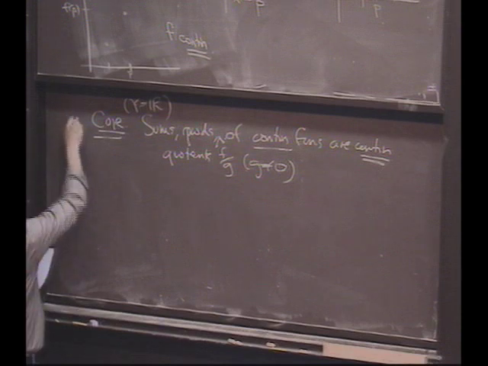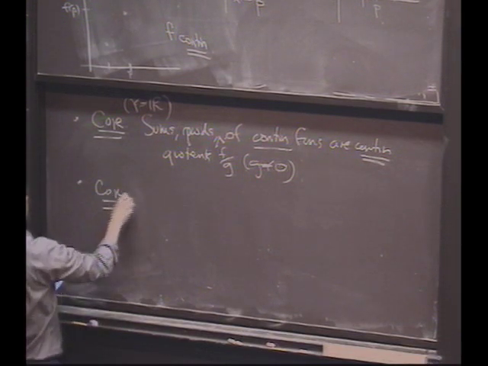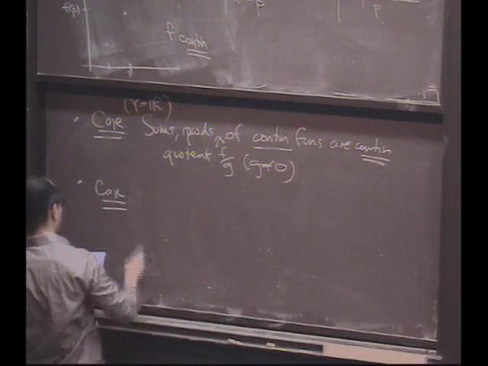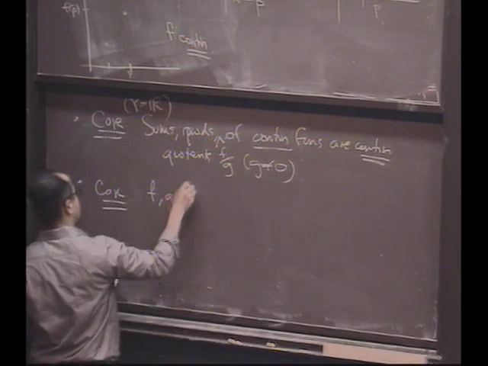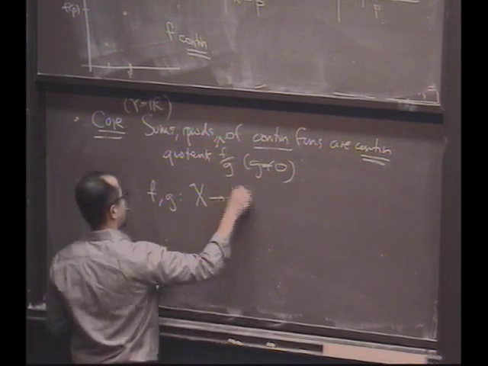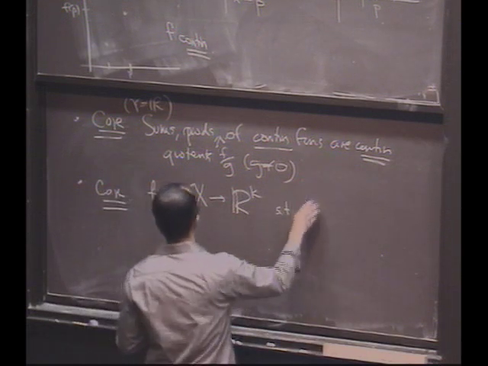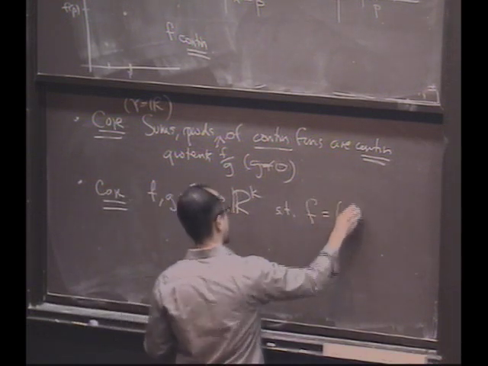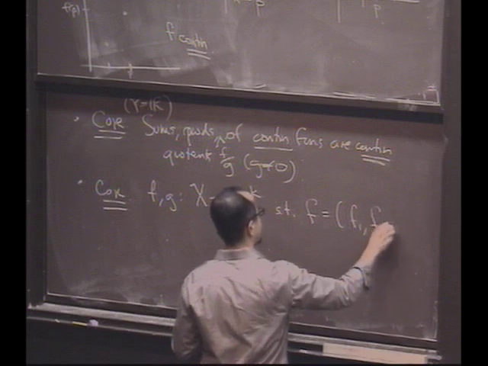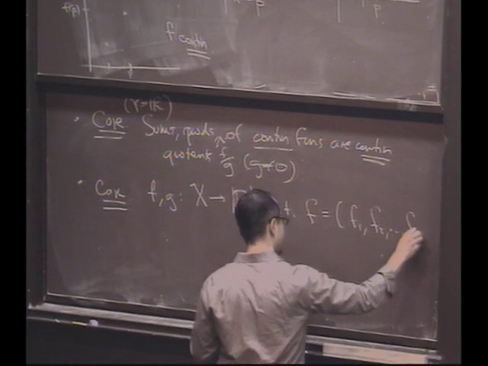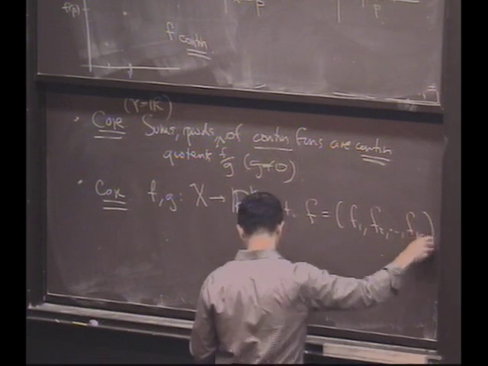Okay. Let's see. Here's another corollary. What about vector valued functions? Suppose I map a metric space into R^k, and the function has components f1, f2 through fk.